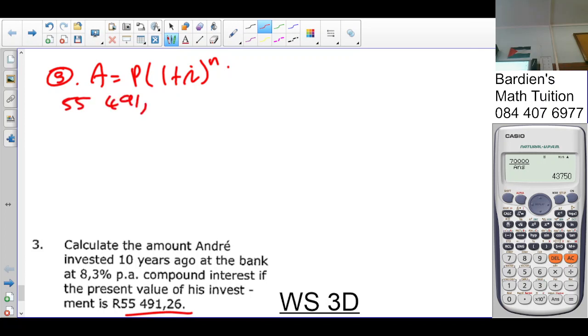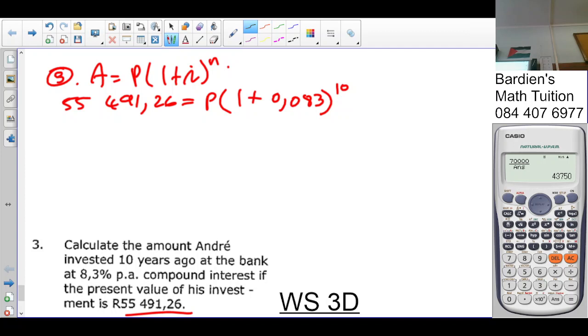55,491 rand and 26 cents equals P, the present value, your principal amount, times 1 plus 0.083 to the exponent 10 years. So what can I calculate at this point?